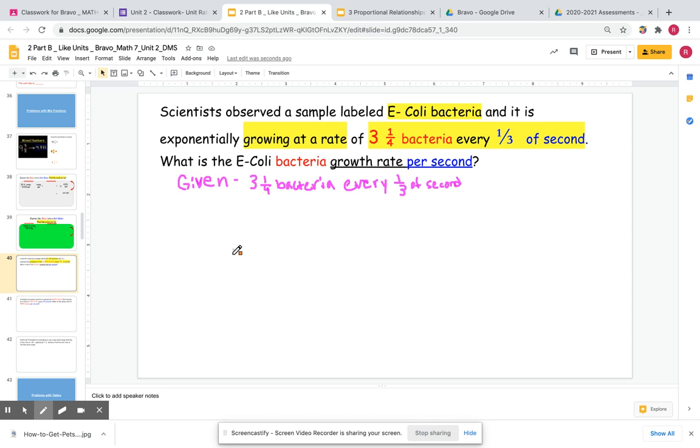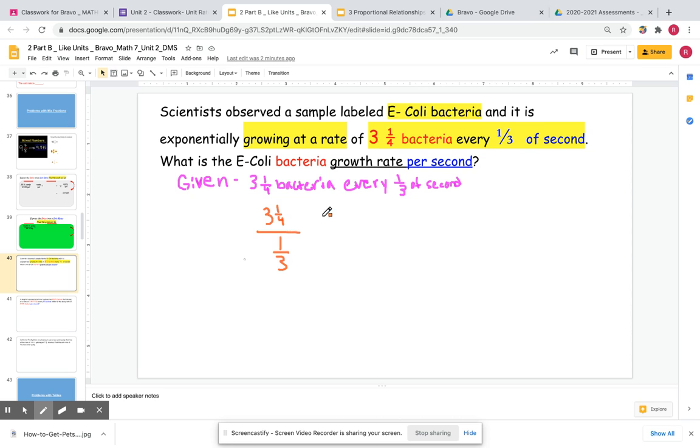Remember, a rate is a ratio with descriptions that has a fraction form. So go ahead and do that on your piece of paper. Great. I hope you were able to write your rate with the numerator being 3 and 1/4 over 1/3.